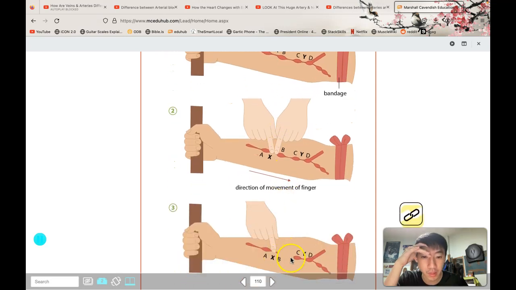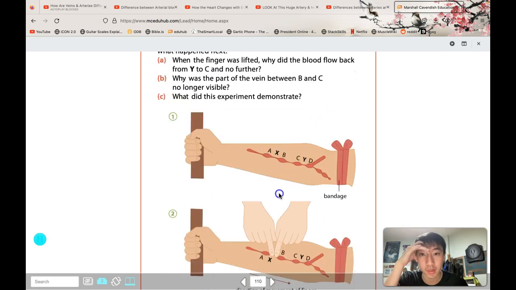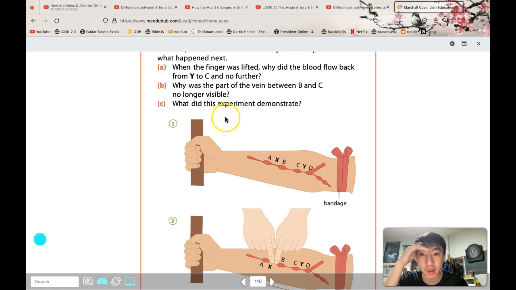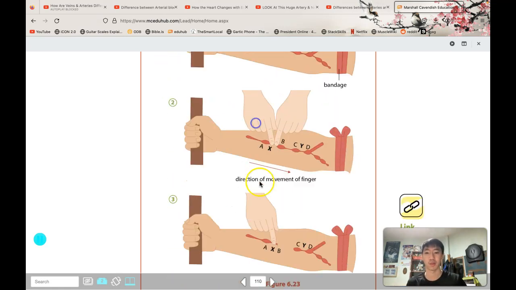Perhaps this is the part where there's no valve, so the blood would not be visible there. What did this experiment demonstrate? It demonstrates that valves prevent backflow of blood.